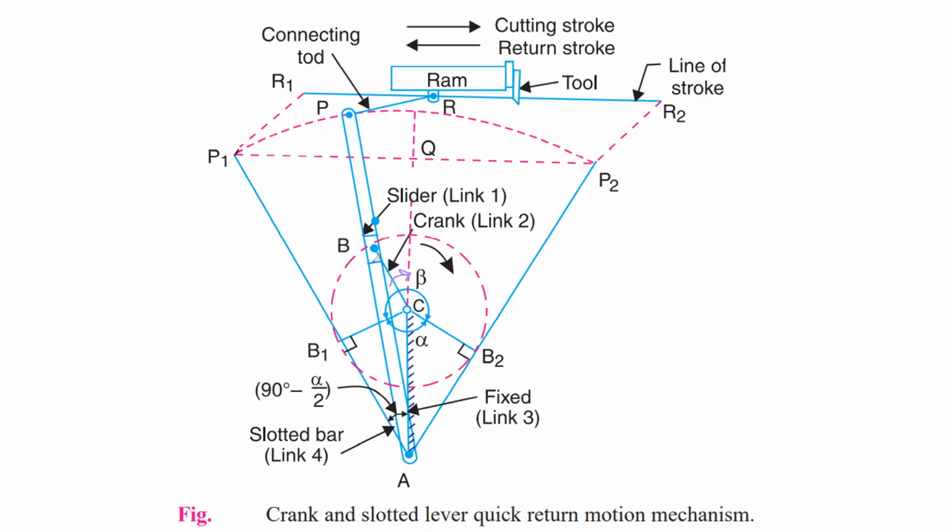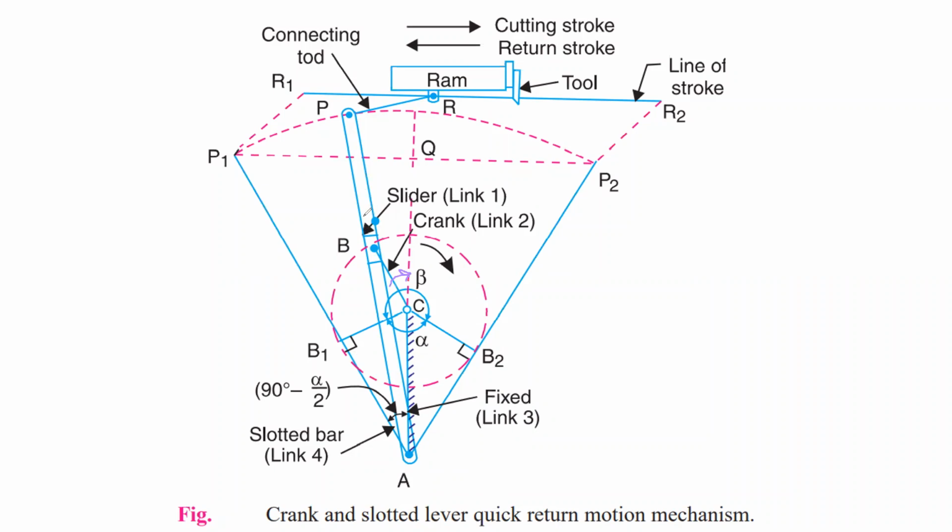When this crank rotates, the piston is attached to the crank, and this piston, this slider, is kept in the slotted lever so that it can slide in the slotted lever. So when this piston rotates, it is bound to slide into the lever.